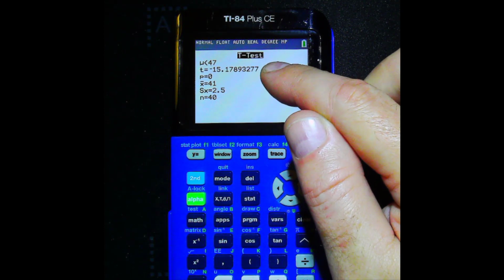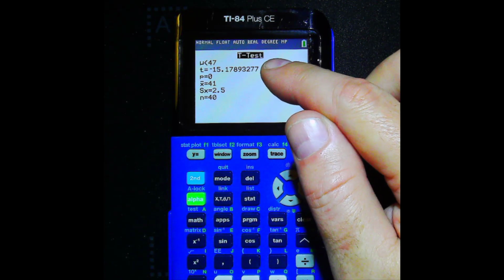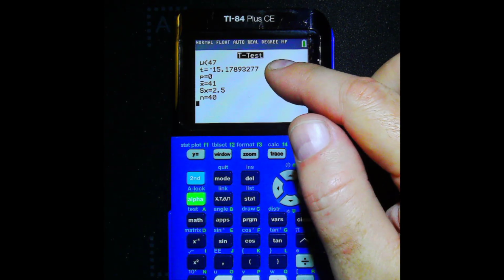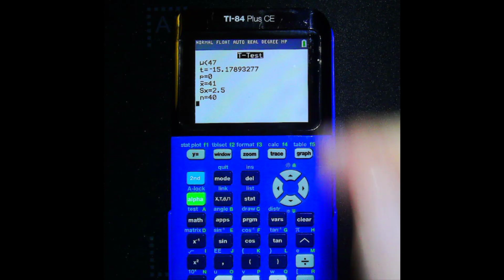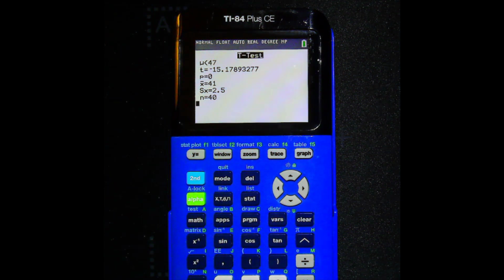That's because the t statistic is negative 15, which means we're 15 standard deviations below the mean. When we say standard deviations here, it's using the standard deviations for the sample means. That means take the sample standard deviation and divide by the square root of the sample size.